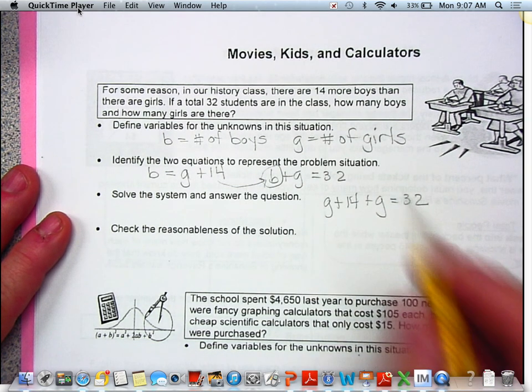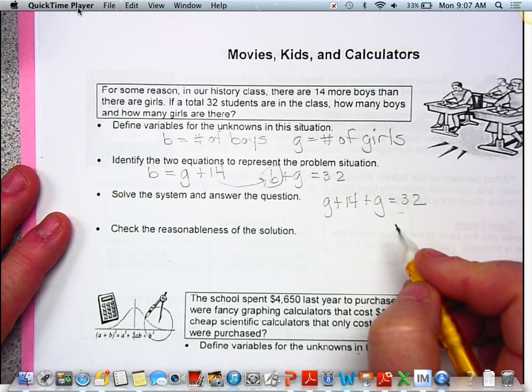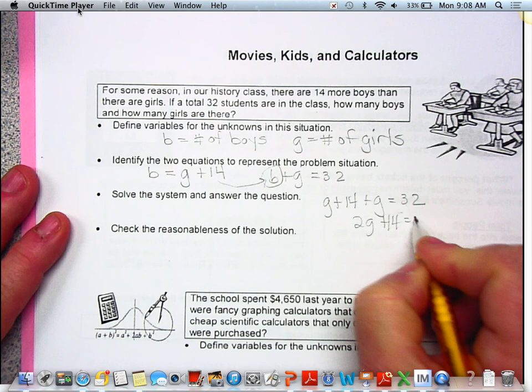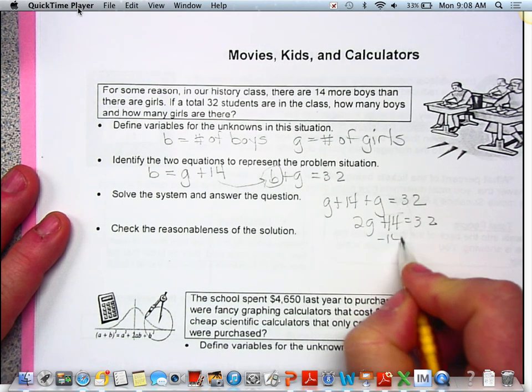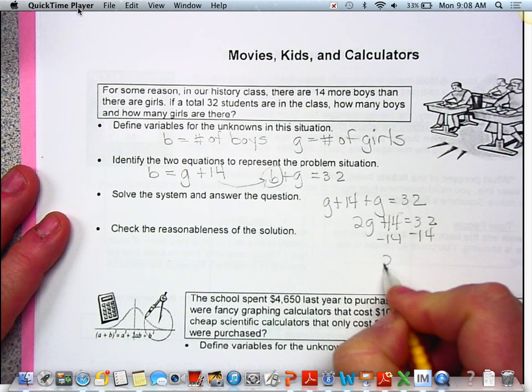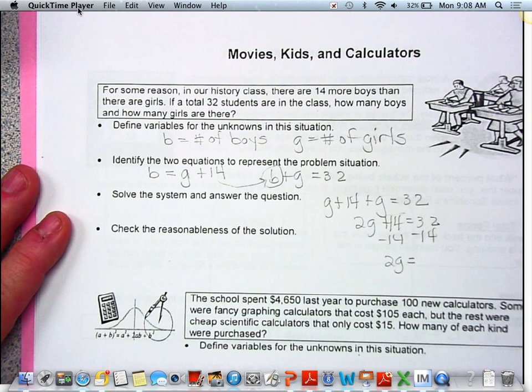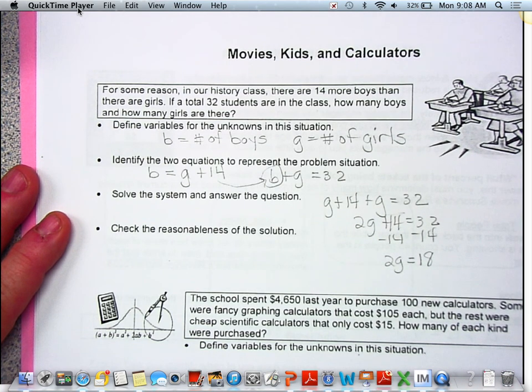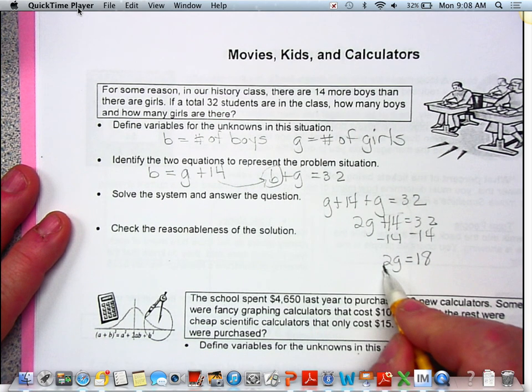So what would be next? 2G. Okay, 2G plus 14 equals 32. Then subtract 14 and 2G equals 18. So G is 9.